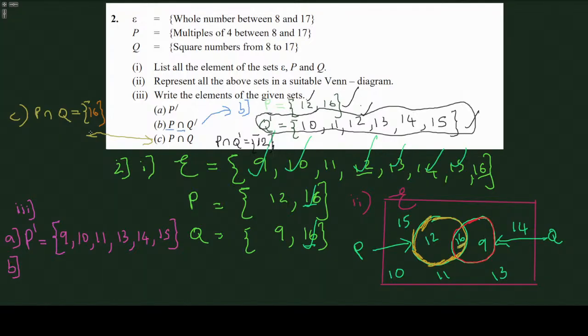That's just a coincidence here. In your exam questions, sometimes the intersection set will have multiple elements. There is no rule saying it should have only one element, right? But in this past paper that we are discussing, for the intersection questions, we got sets with one element, but that's just a coincidence, all right?